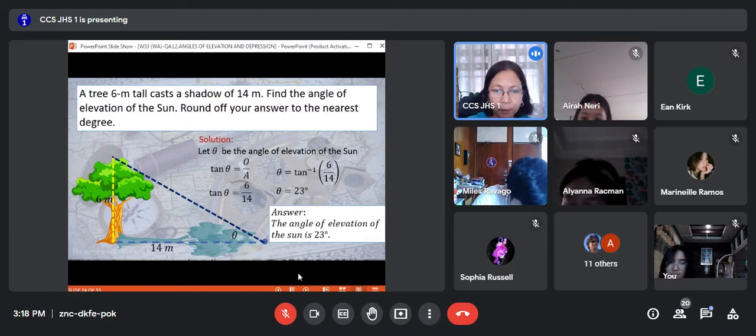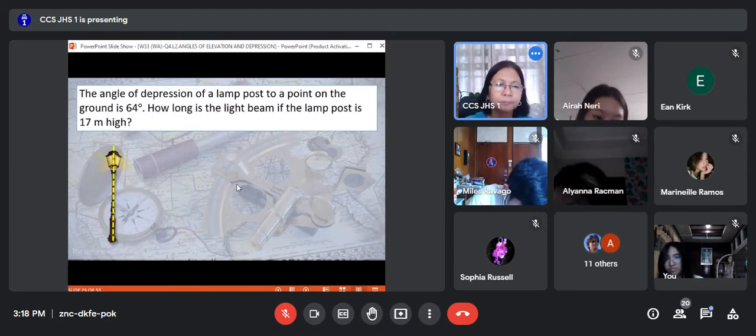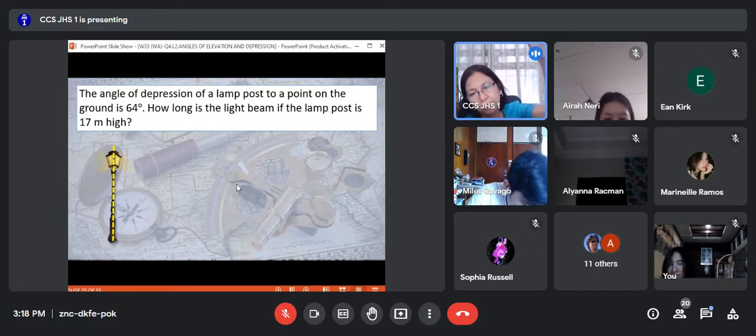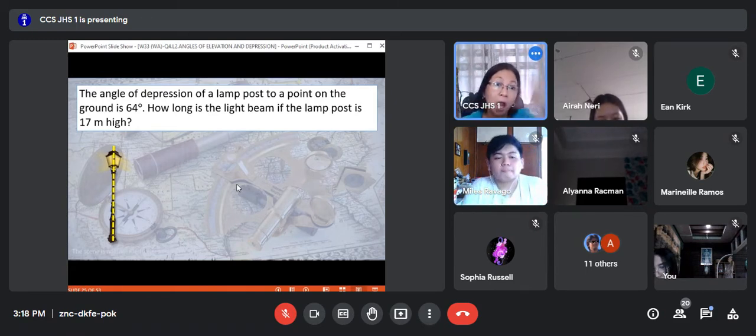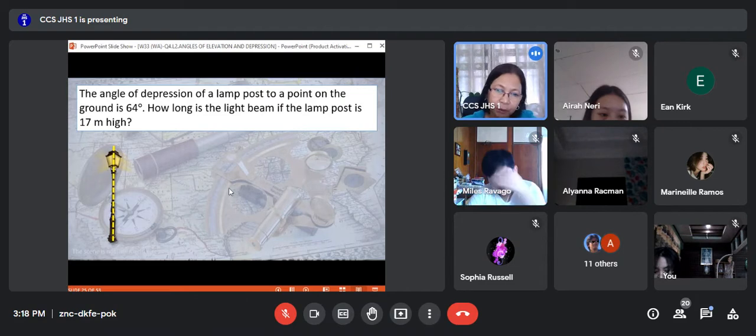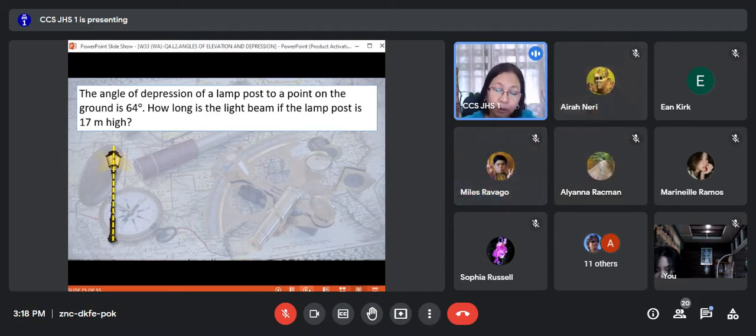And let's go to the next problem. Okay, this time it is the angle of depression of a lamppost to a point on the ground. So therefore, from the lamp of the post to a point on the ground. How long is the light beam if the lamppost is 17 meters high? By the way, you need to draw the figure if the figure is not given.